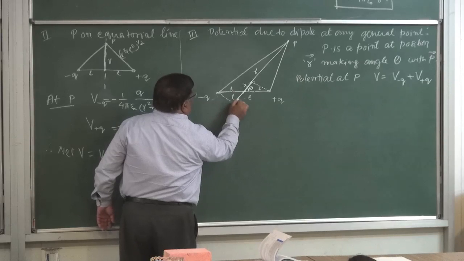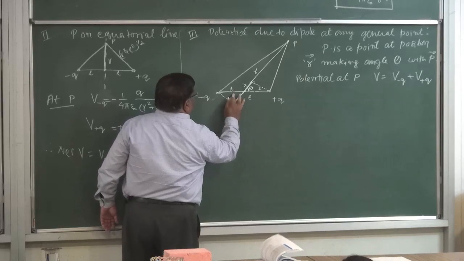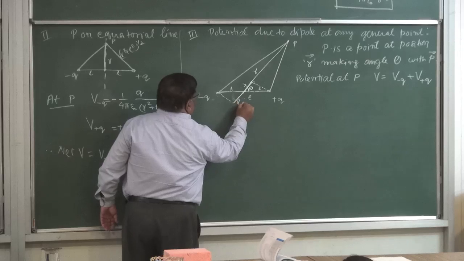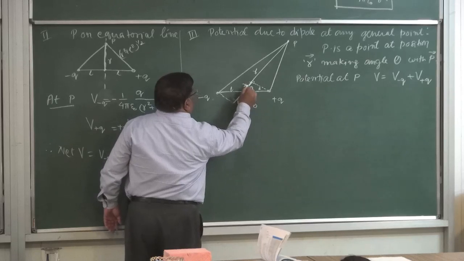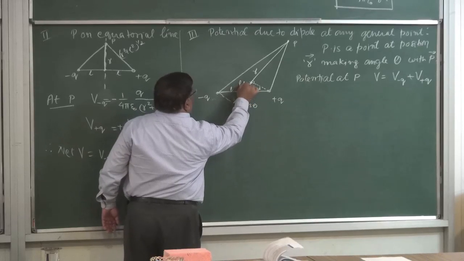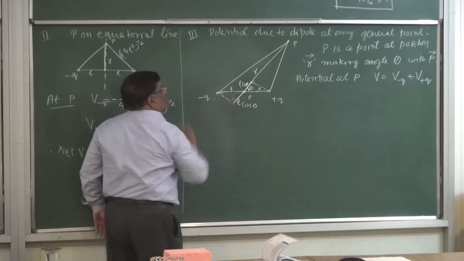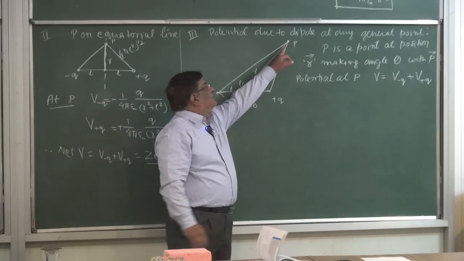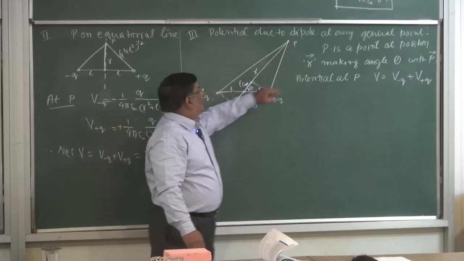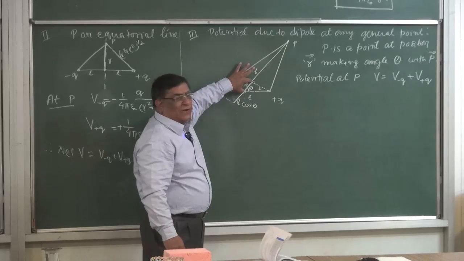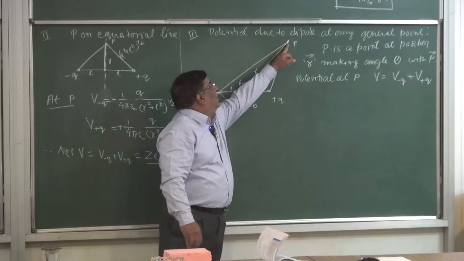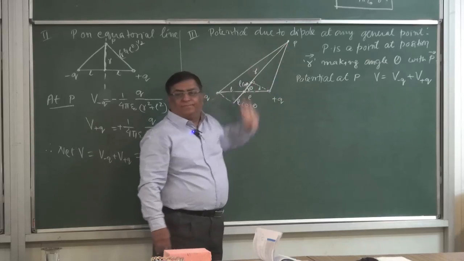Again, this is also L cos theta. This and this. Now, this total length is how much? R. Out of this, you cut this portion L cos theta and this will be almost equal to this.